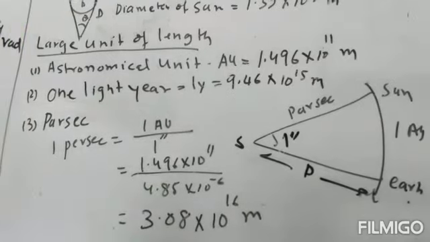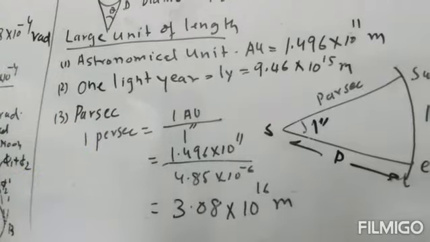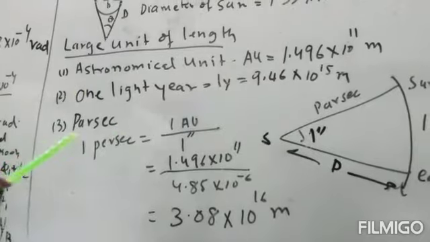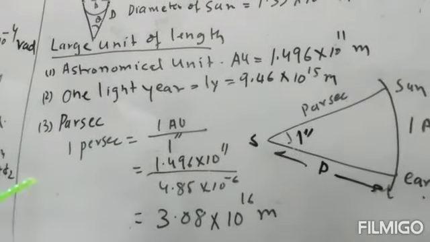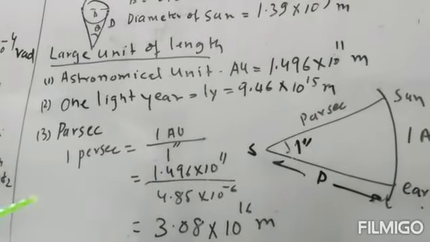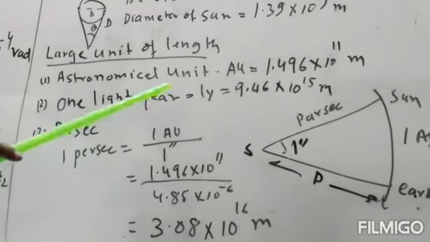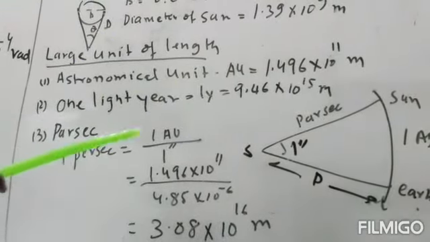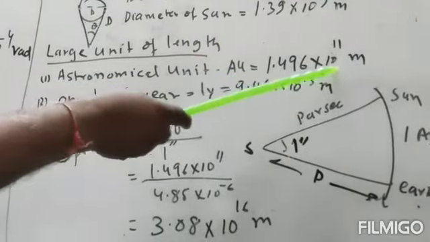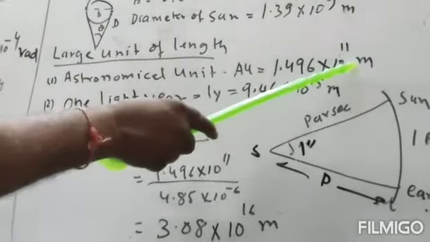So the large units for the measure of length are either the astronomical unit, the light year, or the parsec. So these are the large units for the measurement of length for the astronomical objects. We cannot use these for the distances commonly on our earth, because these distances are always more than the diameter of the earth.